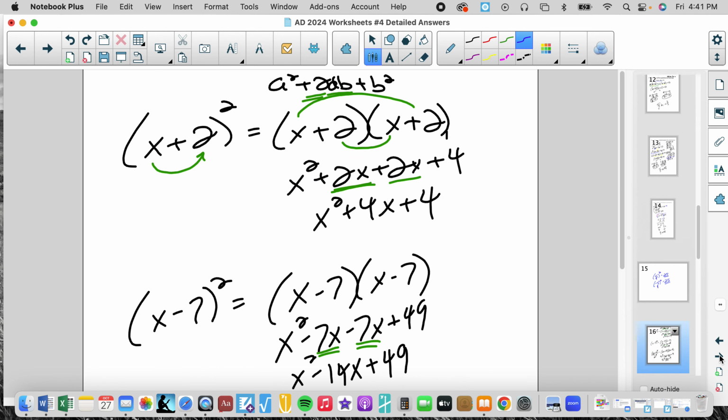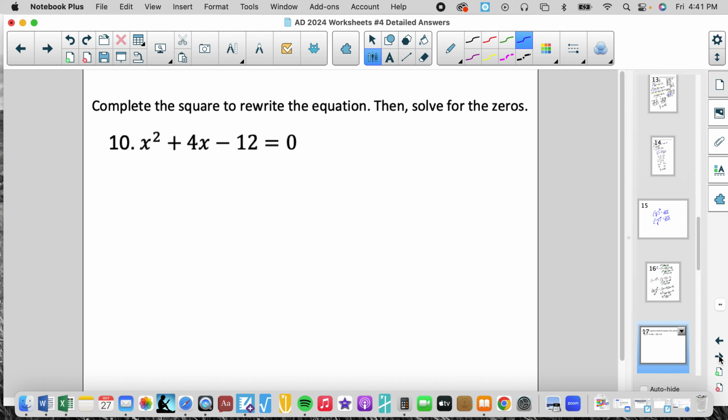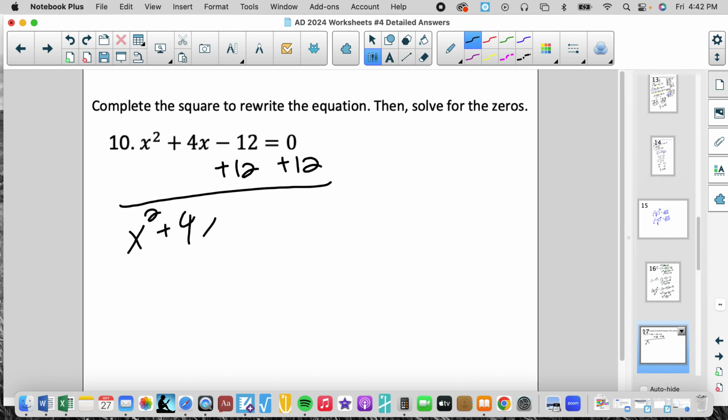Let's do another problem. Complete the square to rewrite the equation. So remember, I have to move that constant over. I'm going to move the 12 over. I'm left with x squared plus 4x equals 12. Now, what value is going to go in there? I'm going to take my b, divide it by 2, and square it.